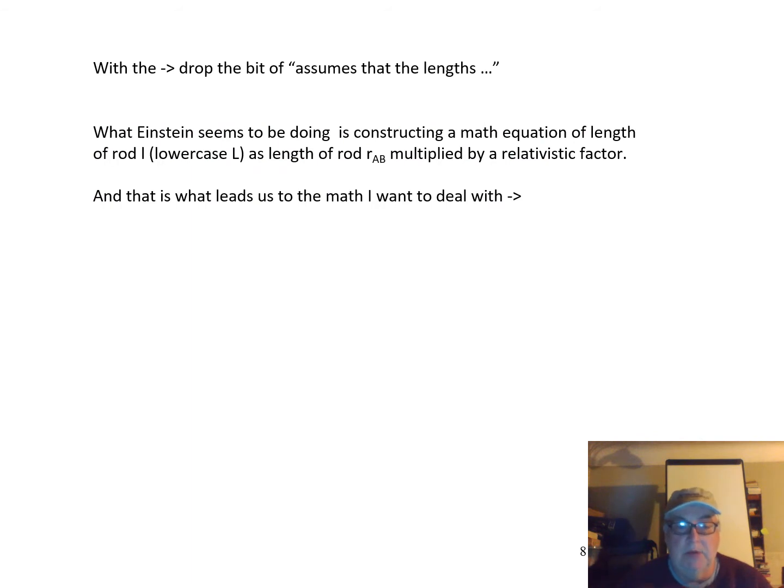When he drops that assumption, what Einstein seems to be doing is constructing a math equation of length of the rod, L, and that's lowercase l, which looks like a 1, as the length of the rod, r subscript ab, multiplied by a relativistic factor. And that is what leads us to the maths I want to deal with.